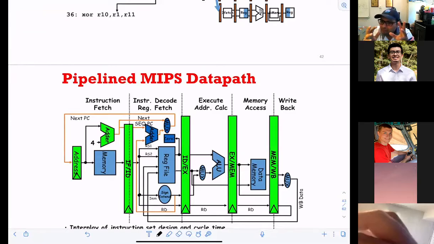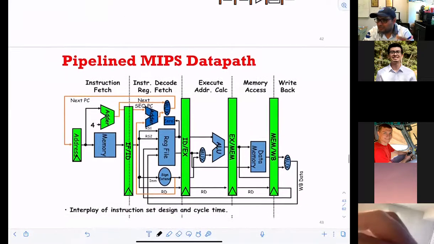Okay, now we said why do we need to add so many resources? Let's go into the pipeline. So we went into the pipeline. As you know, MIPS is an example of a RISC architecture. We have 5 stages: instruction fetch, instruction decode, instruction execution, memory access, and write back, whether it's going to be to the memory or to the register space, as we cannot process data in the memory directly, we have to host it temporarily in the register space, correct?